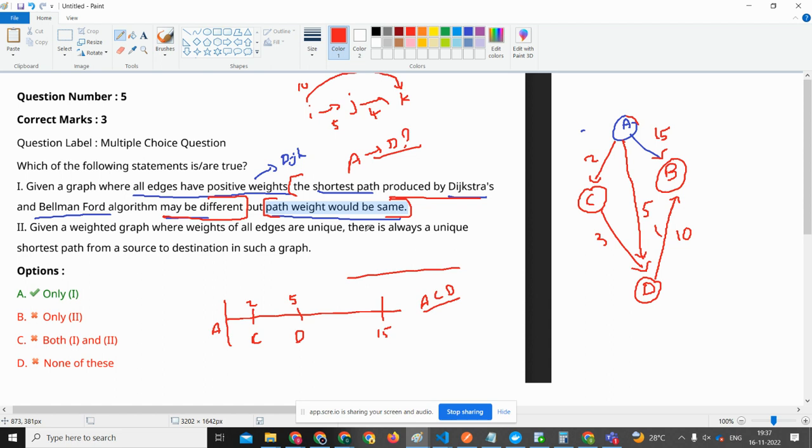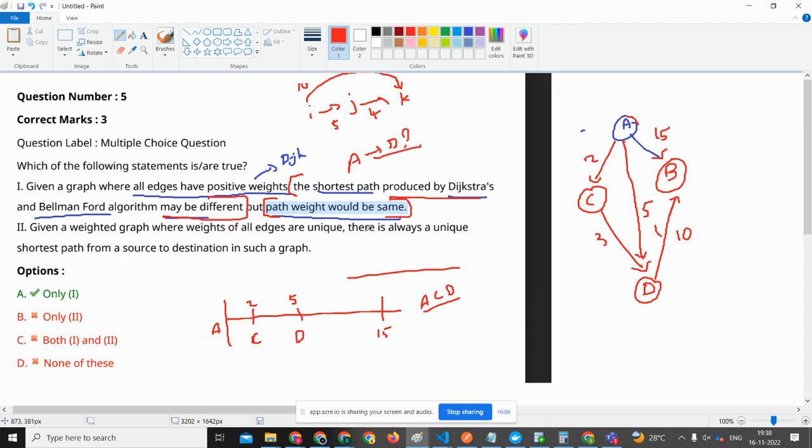Can we make a conclusive statement that Bellman-Ford always gives an optimal path compared to Dijkstra? No, both are going to give us optimal, in the sense of path weight, because it's going to be equal. Here in this case it's equal, that's the way we chose the weight.